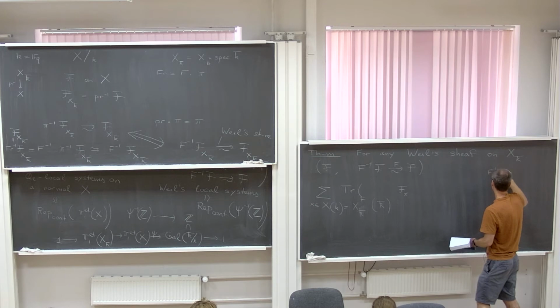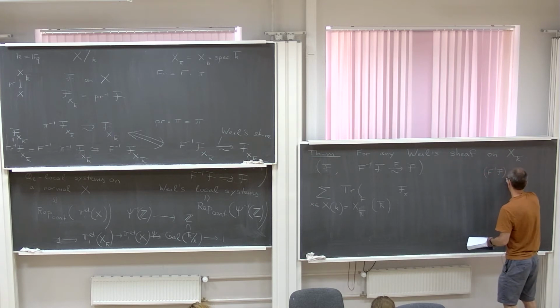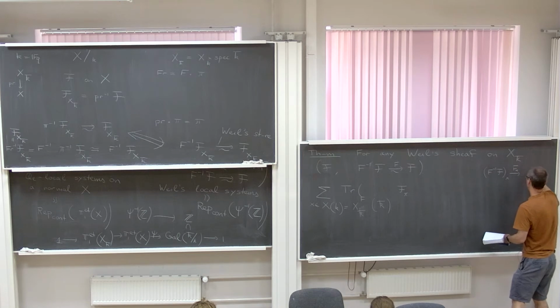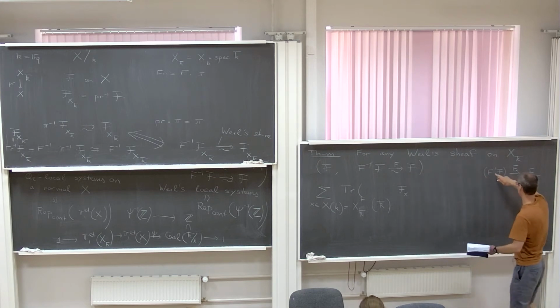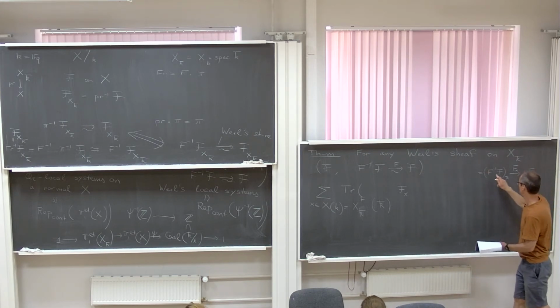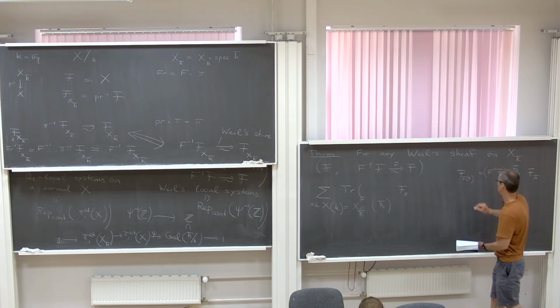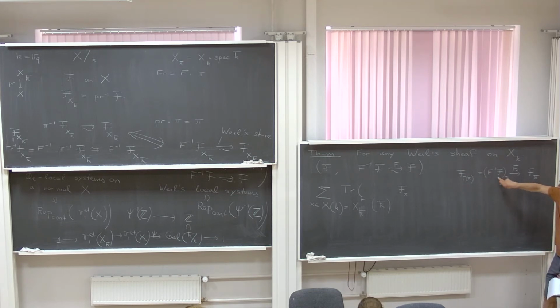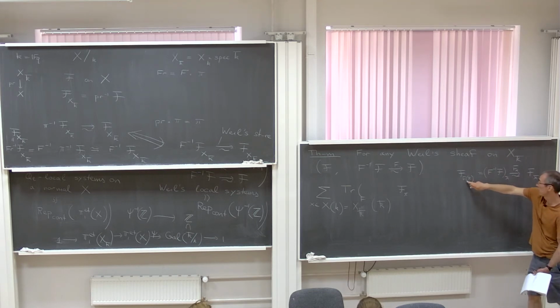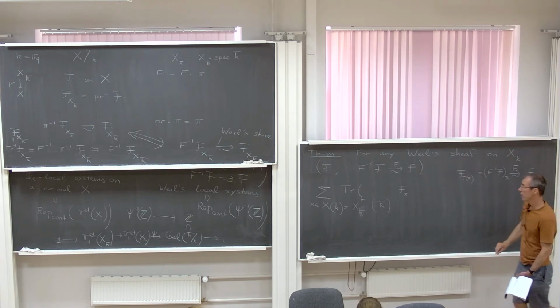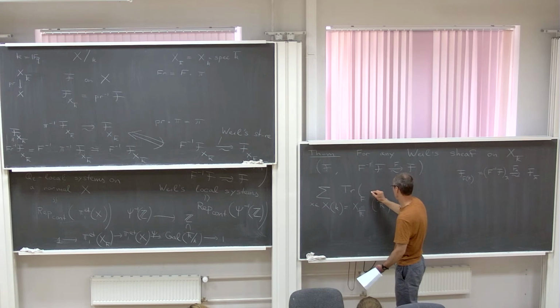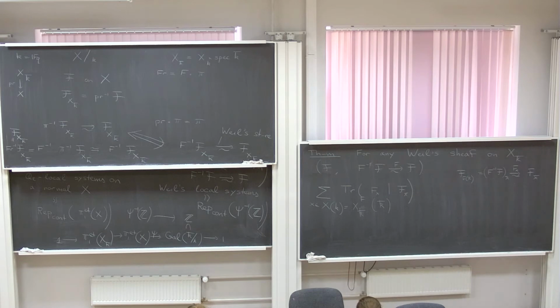So the map F induces a map on fibers, and this fiber is by definition F of x bar. So if my point is fixed under the Frobenius, then I actually get a map from a vector space to itself, and then I can take its trace. Okay? So this gives me the sum of traces.